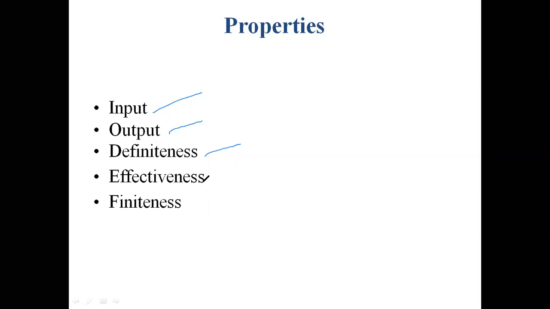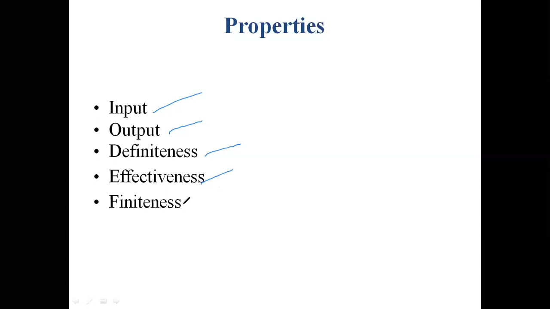Next, we move to effectiveness. For effectiveness, it must be possible to perform each step of the algorithm correctly and in a finite amount of time. That means its steps must be basic enough so that the problem can be easily solved.